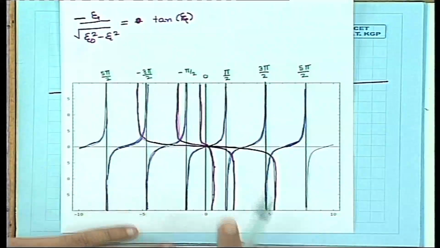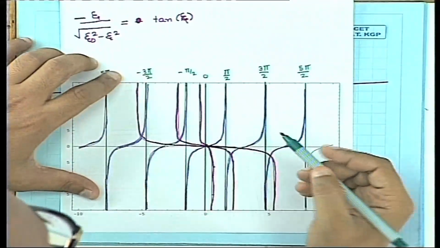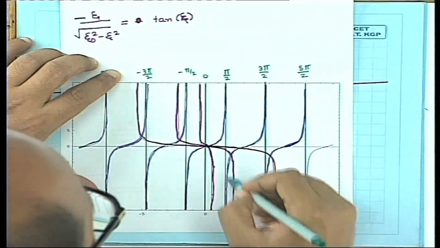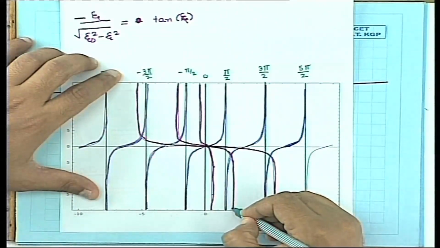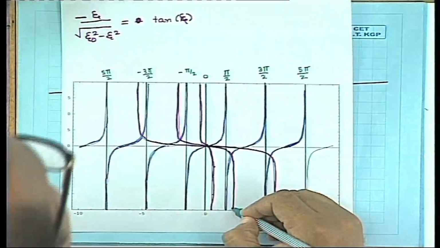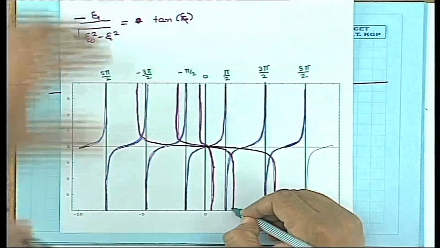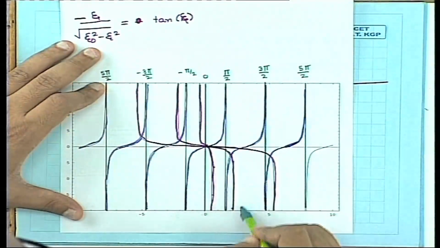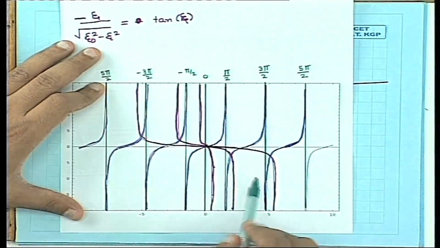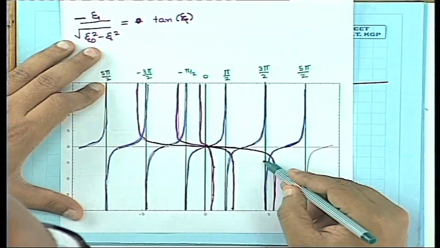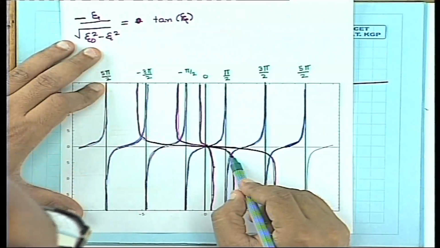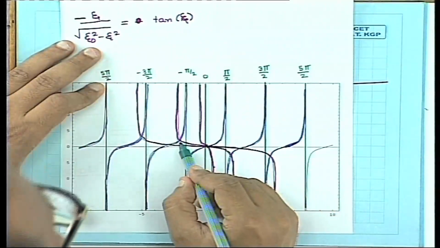The moment xi naught is greater than pi by 2, for example this value over here corresponds to 2.2, which is more than pi by 2. The moment xi naught crosses pi by 2, we find that we get two solutions, one on this side over here and the other on the other side over here, negative.